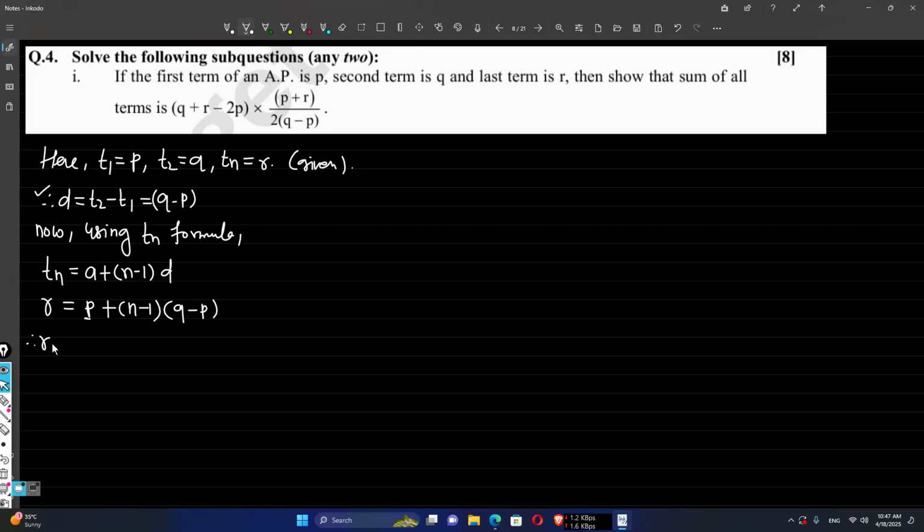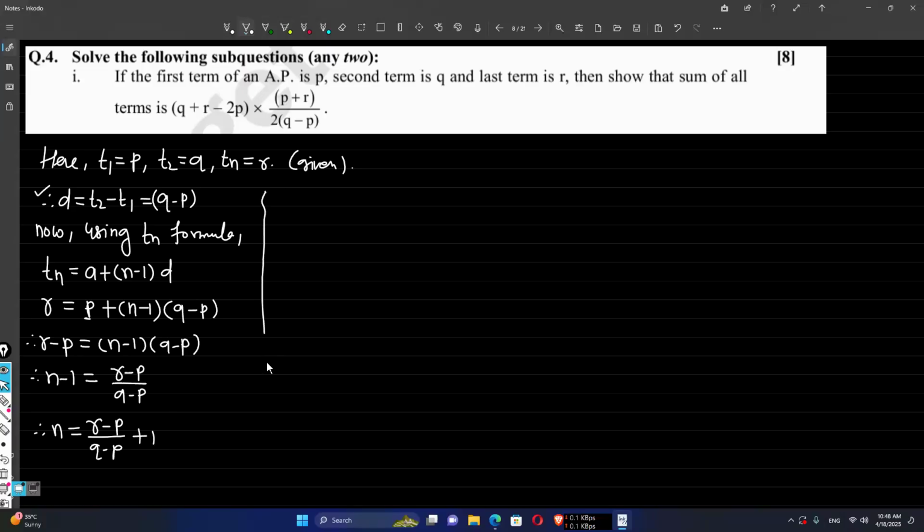Therefore, R minus P equals (n minus 1) times (Q minus P). Therefore, n minus 1 equals (R minus P) divided by (Q minus P). Now let's take this negative one to the right hand side. Therefore, n equals (R minus P) divided by (Q minus P), plus 1.